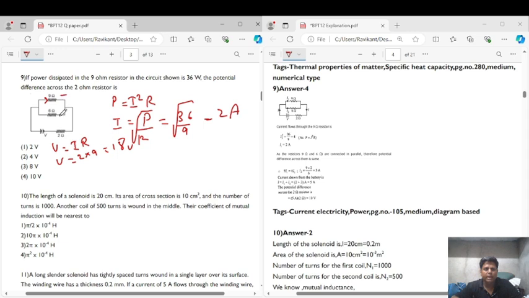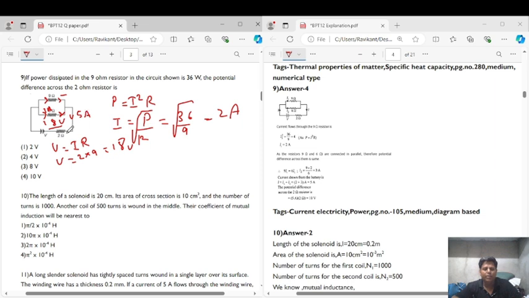Now because 9 and 6 are in parallel, the voltage across this 6 will also be 18 volts. So if in the 6 ohm resistance the voltage drop is 18 volts, then the current in it will definitely be 3 amperes. So 2 ampere is coming from here and 3 ampere is coming from here, so together they form 5 amperes, right?